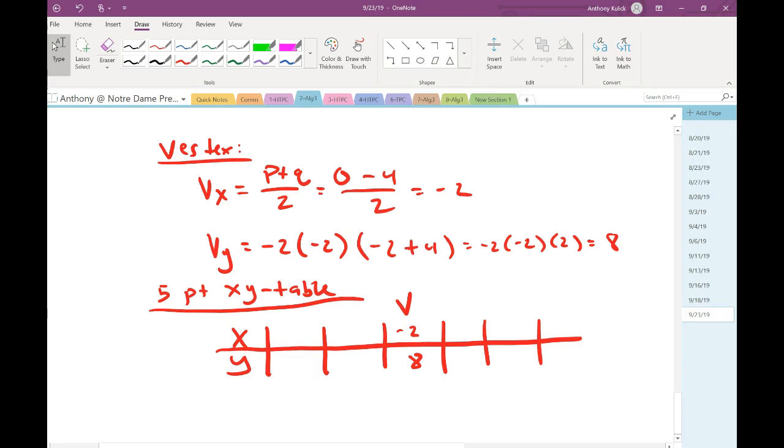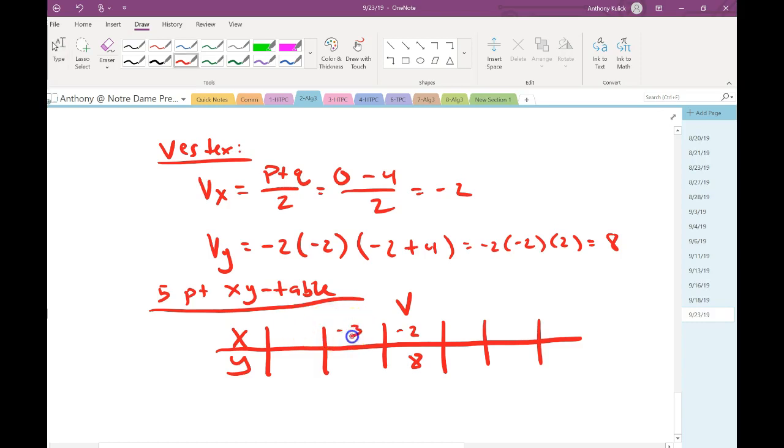So the next part says to choose 2 points on either side of the vertex. To do that, I'm just going to choose x values. I'm going to choose 2 x values that are larger than the x-coordinate of the vertex, and 2 values that are smaller than the x-coordinate of the vertex. It doesn't really matter which ones I choose, so I'm going to just choose them conveniently.